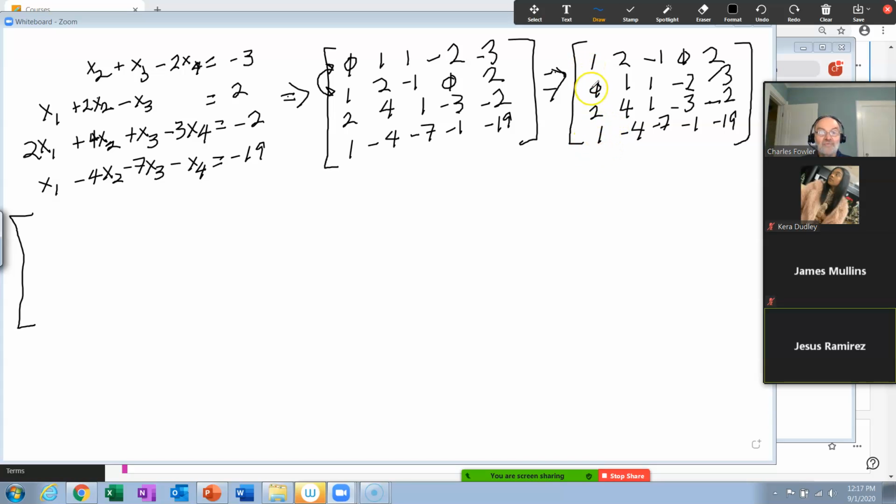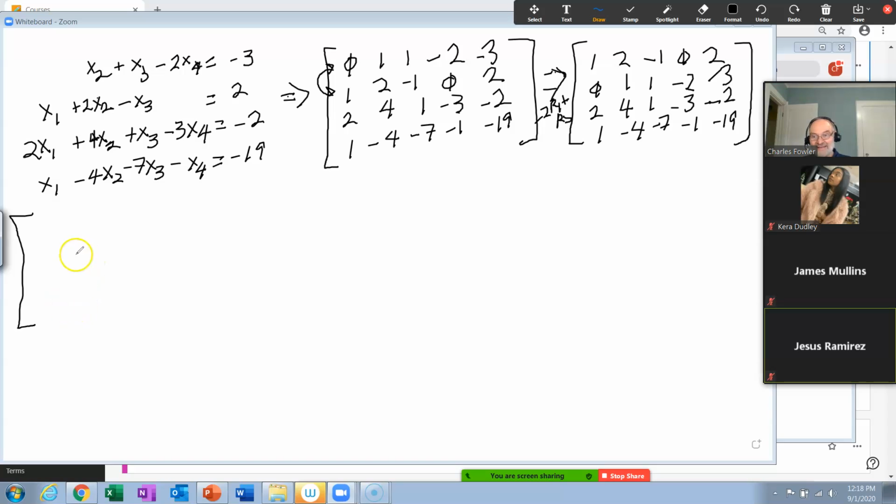We want all zeros below it. So let's use that leading 1 to make this a 0. How do we do that? Minus 2 times row 1, add it to row 3. You already got a 0 there. Don't have to do anything.